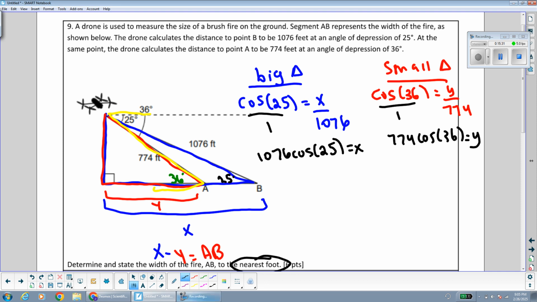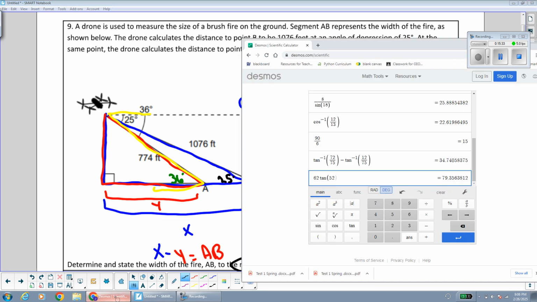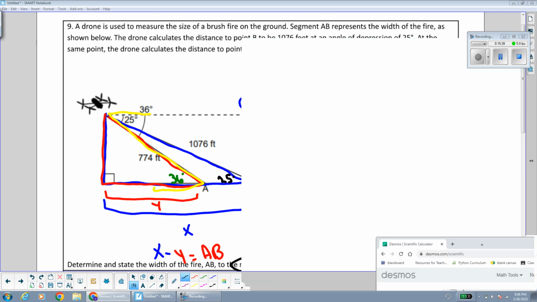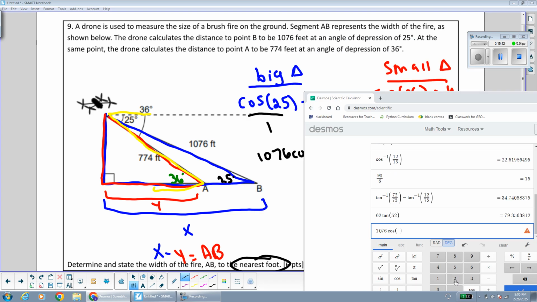That means nearest whole number. And that's about 349 feet.